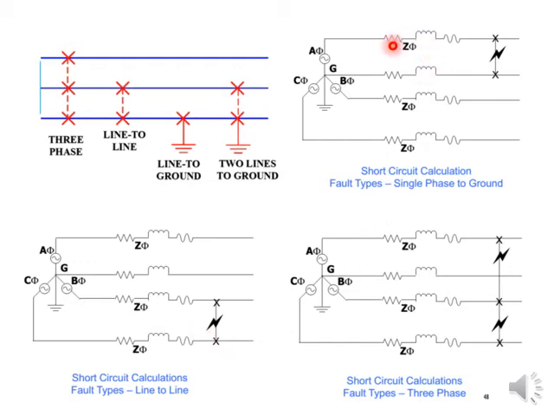Here this is phase 1 and this is a ground, so line to ground fault or single phase to ground. Now three phase: this is one phase, this is second phase, this is third phase. So a fault between three phases.